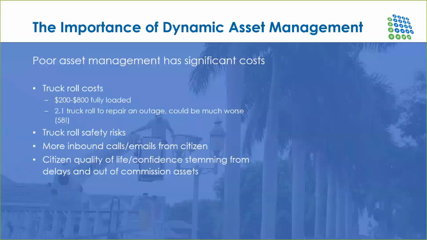So other important reasons to be concerned and plan for dynamic asset management is the costs associated with it. Poor asset management can have significant costs and also risks. First of all, when we think of asset management, especially the lighting aspects, we think about truck roll costs.